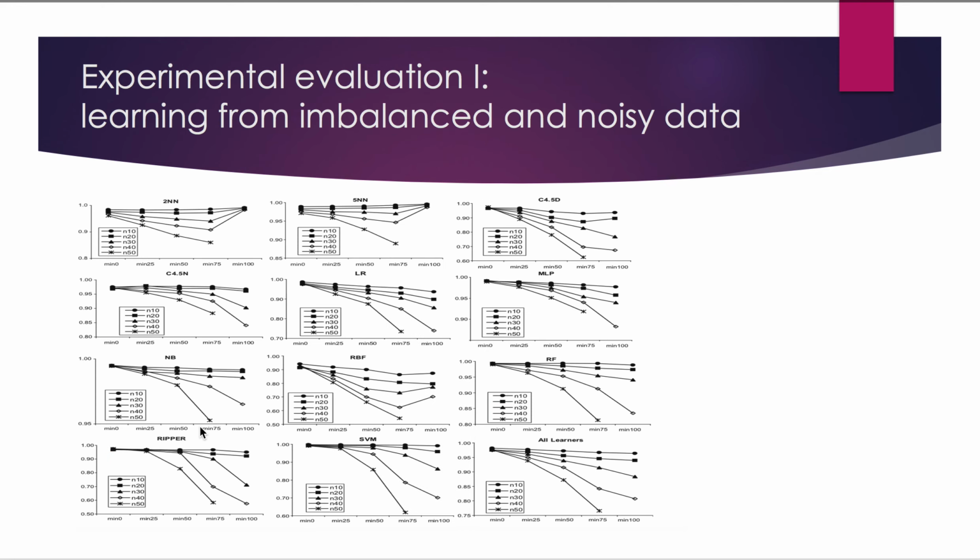For the experimental results, we have experimental evaluation 1, and for this presentation I'm only going to talk about evaluation 1, since I don't have enough time. Experimental evaluation 1 is learning from imbalanced and noisy data.